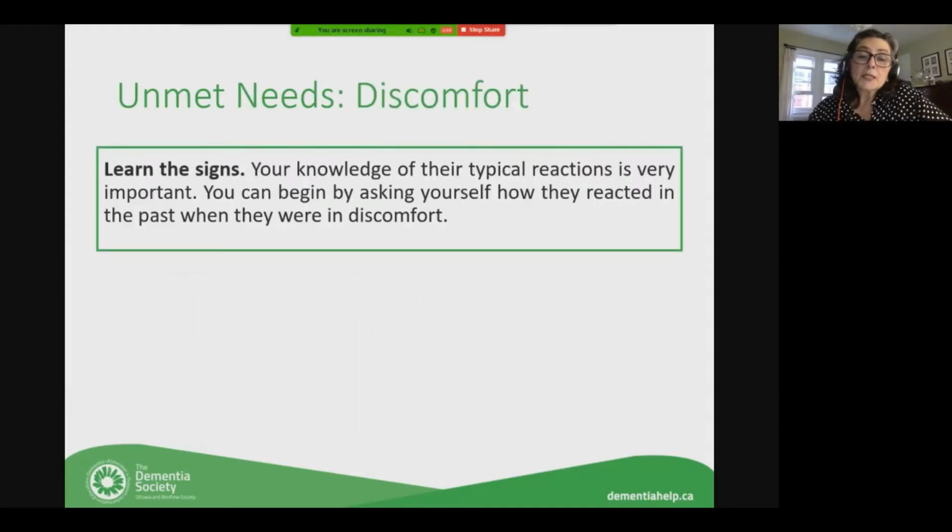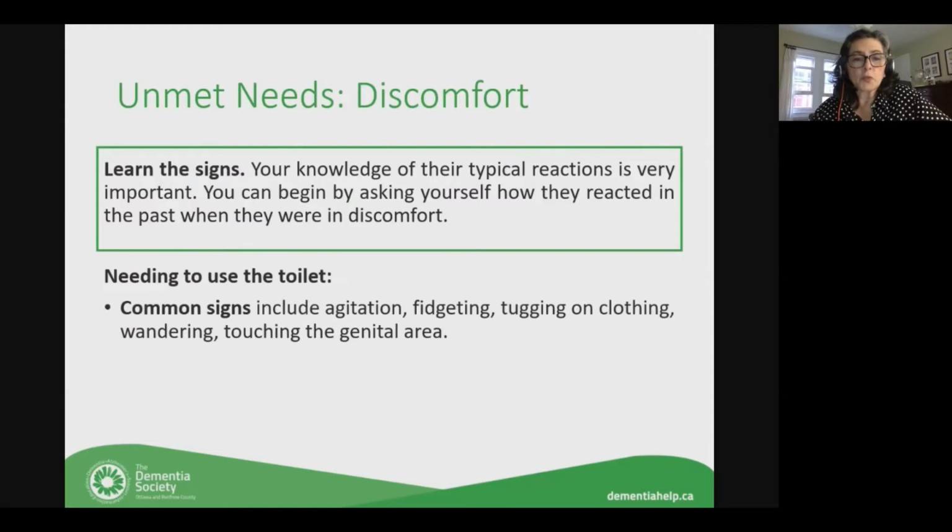So learning the signs, and of course your knowledge of what is typical in a person, can really help to understand where this behavior is coming from. So for discomfort, for example, is there something that you can pin the behavior on that you're familiar with? Basic things like, for example, needing the toilet.